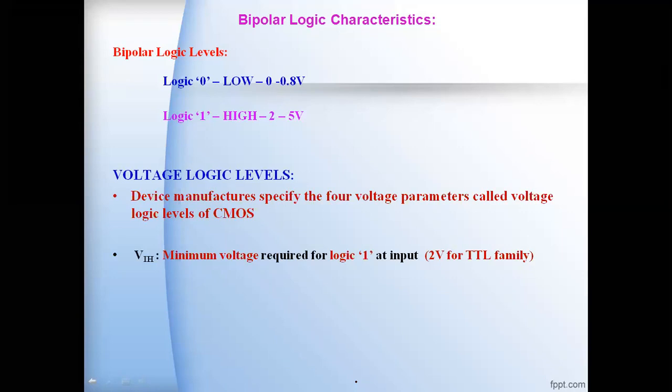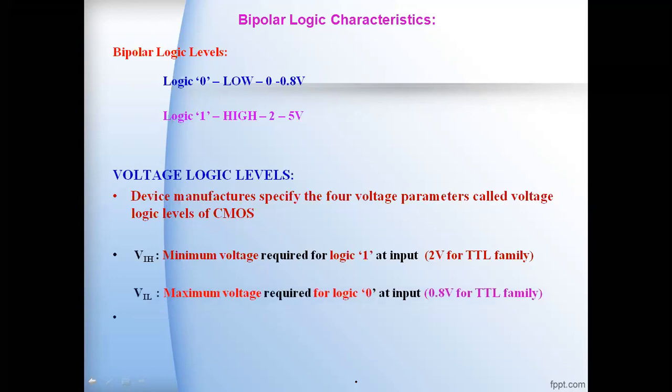We know what VIH is. VIH minimum is the minimum voltage required for logic 1 at the input. For the TTL logic family, the minimum voltage guaranteed for a logic 1 at the input is 2 volts. Any voltage below 2 volts will not be accepted as a logic 1 at the input of the TTL gate.